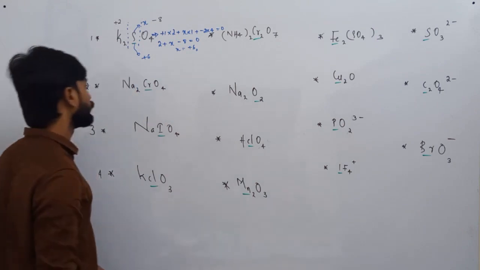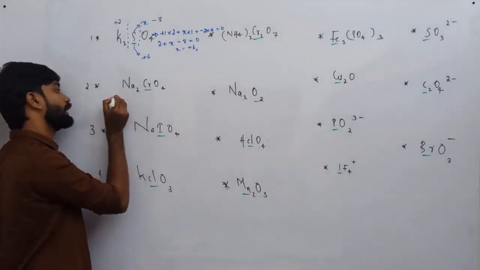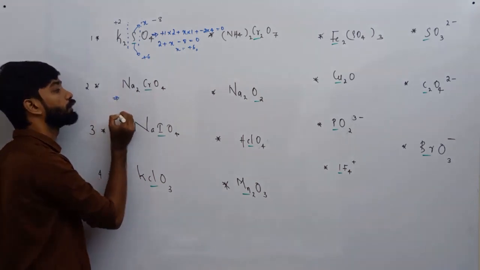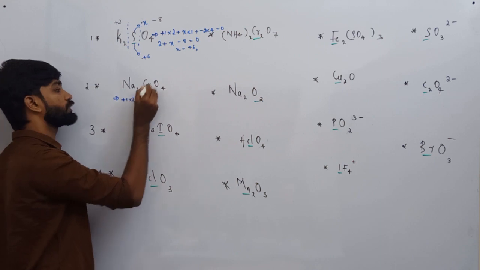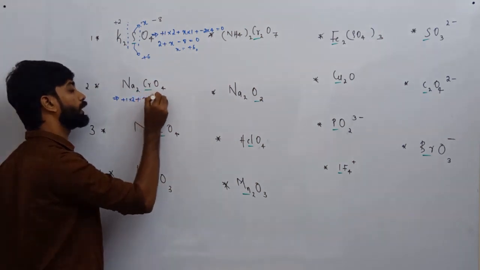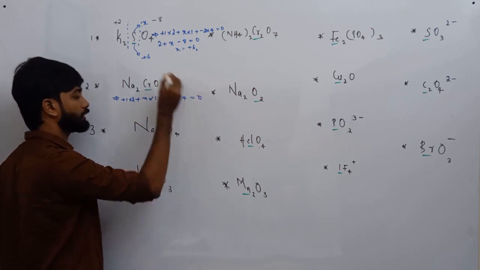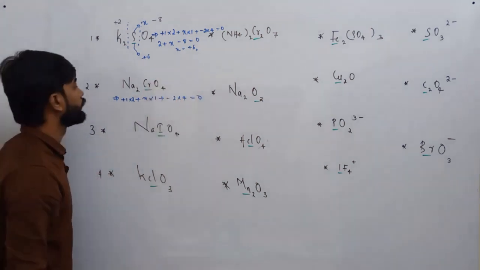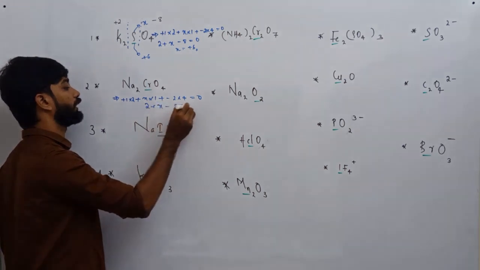The next is Na2CrO4, and chromium is the element. Ready? So sodium +1 into 2 plus the unknown chromium, let it be X, into 1 plus -2 into 4, the very same trend as in K2SO4. So it is 2 plus X minus 8 equal to 0.